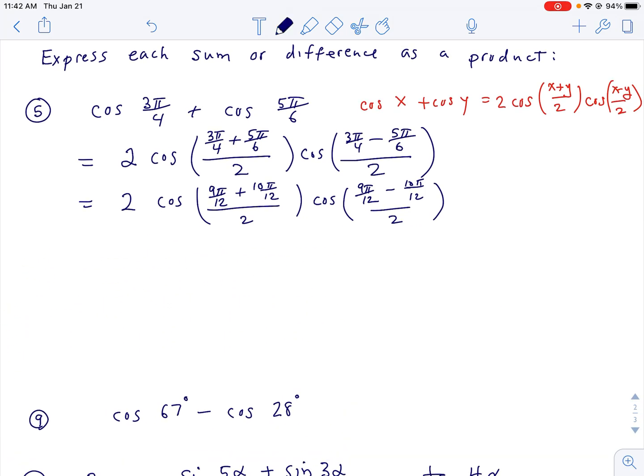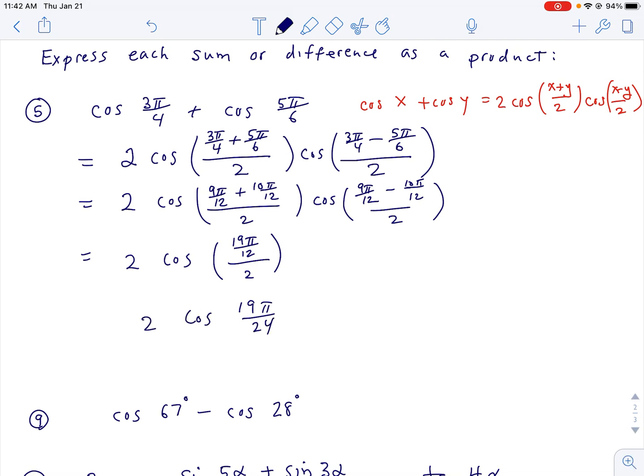Hang on, I'm just making a little room here on my page. So that first set of parentheses, 9/12 plus 10/12 is 19/12. And if I take 19/12 and I divide that by 2, I'm actually going to get 19 pi over 24.